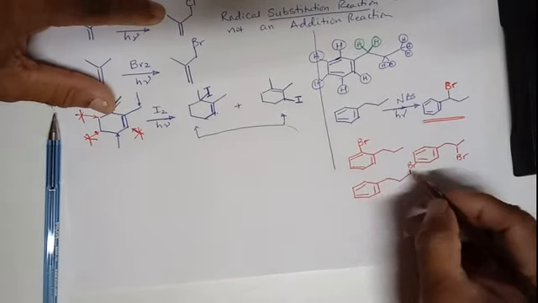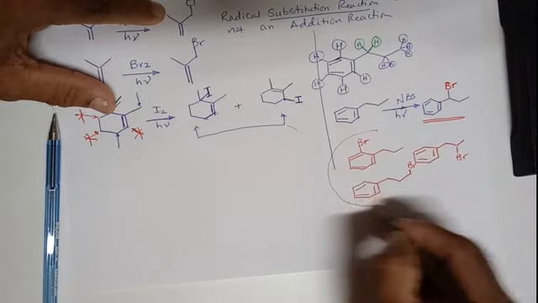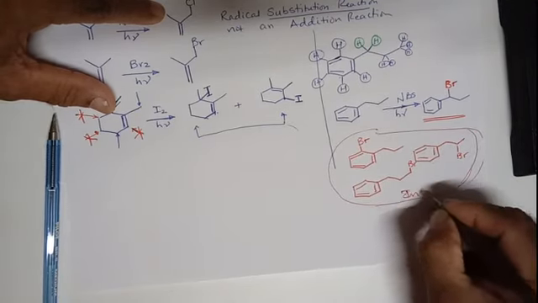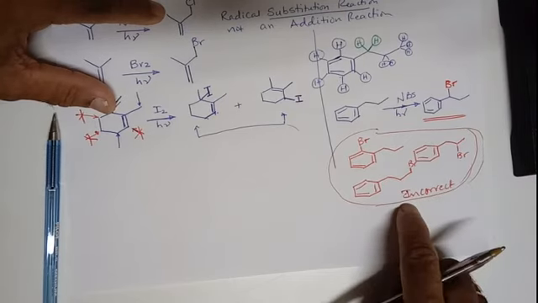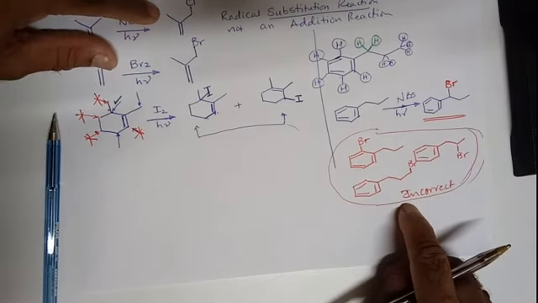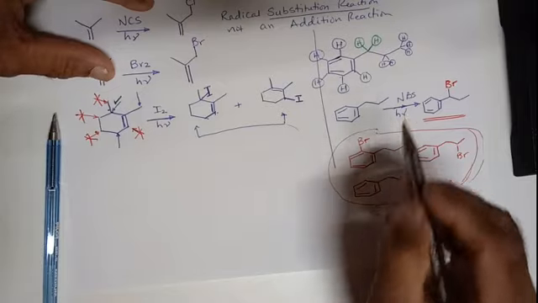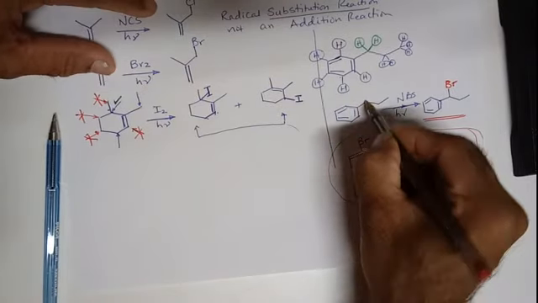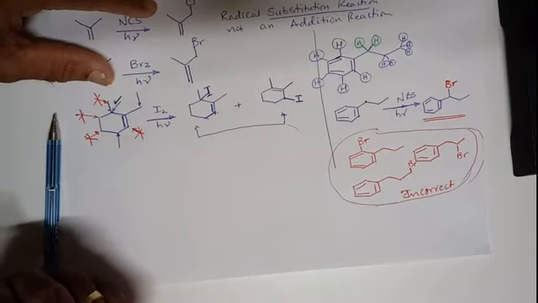So these answers are wrong answers. Keep that in mind. Allylic bromination. This is the allylic bromination or benzylic bromination. That means this is the location that we should be looking at.